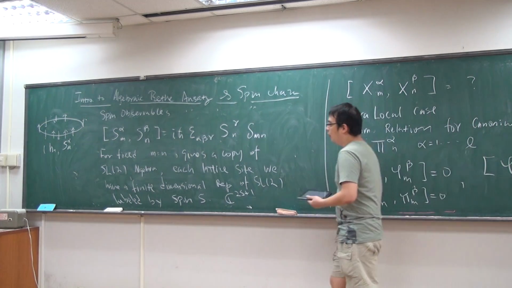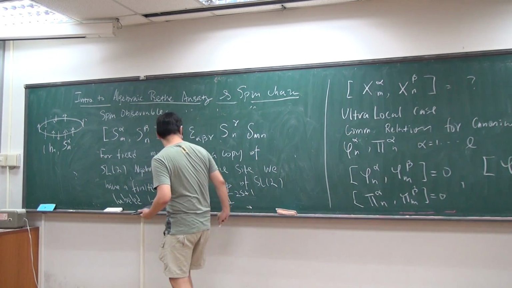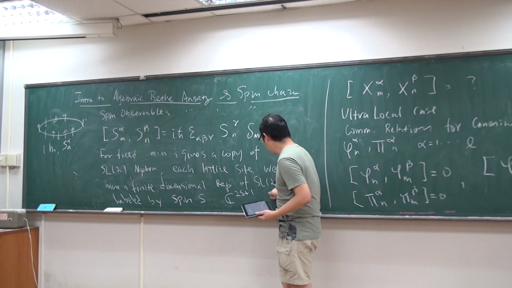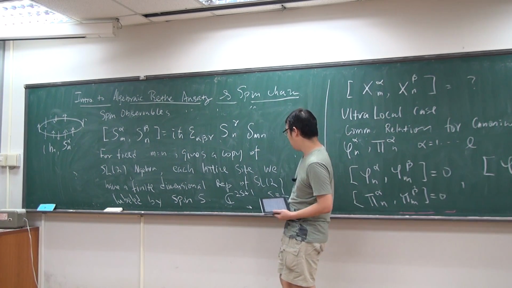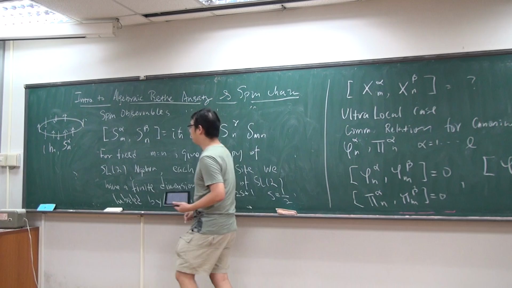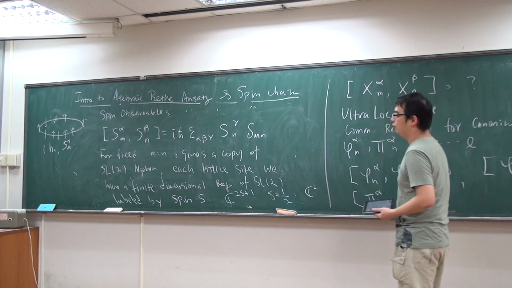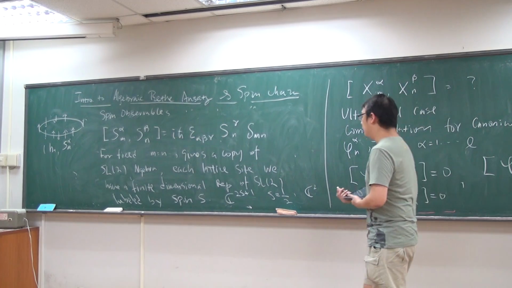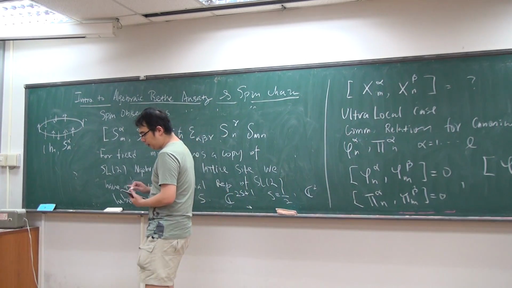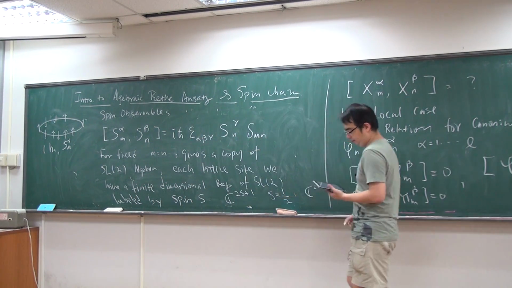So, for example, for the spin half case, the Hilbert space will be basically two copies of a complex plane. It depends on two independent complex numbers.